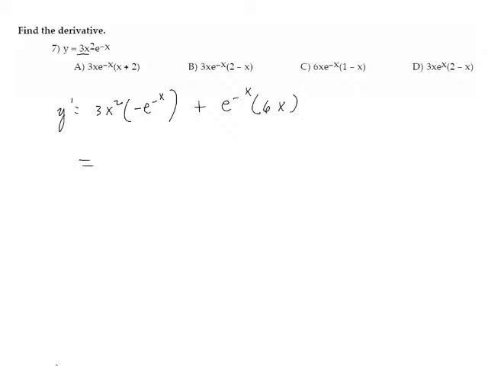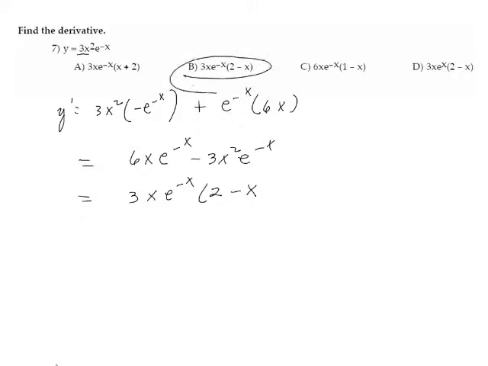Combining this, you get 6x e to the minus x minus 3x squared e to the minus x, which you can factor into 3x e to the minus x times 2 minus x, and that happens to be answer B.